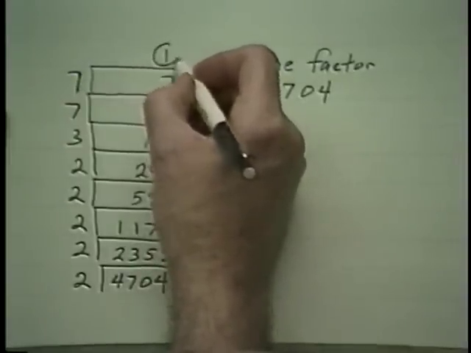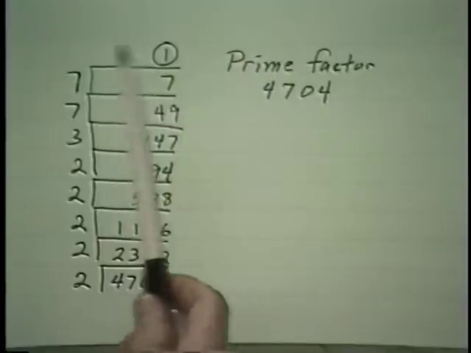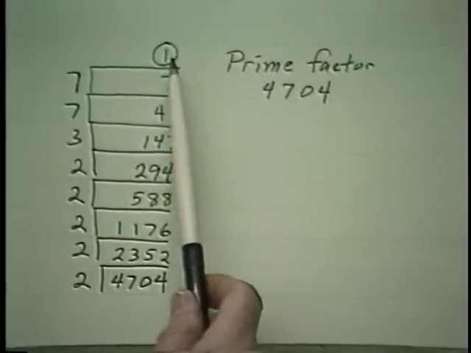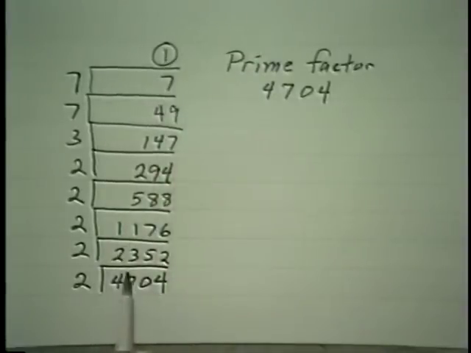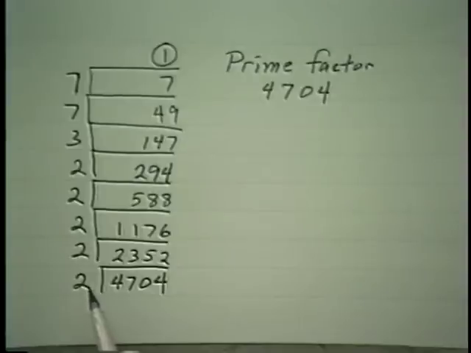And I continue to divide progressively by prime numbers, ever increasing them, until I get a final quotient of 1. So what we're saying here is that 4,704 is 1 times 7 times 7, etc., down to this last 2.